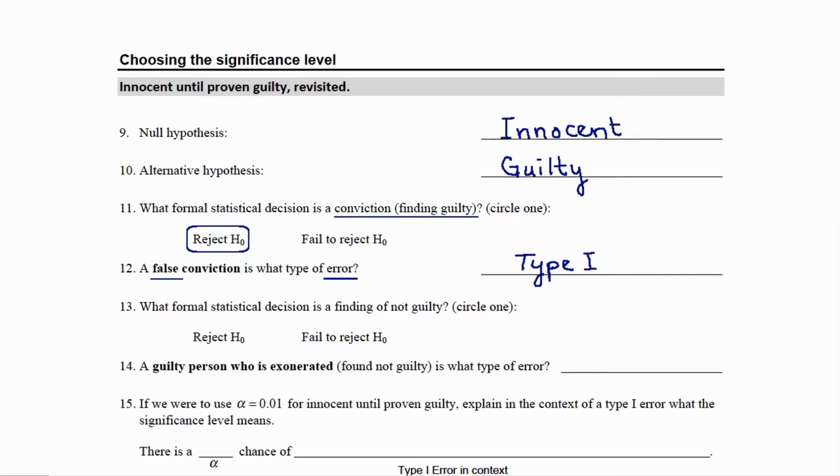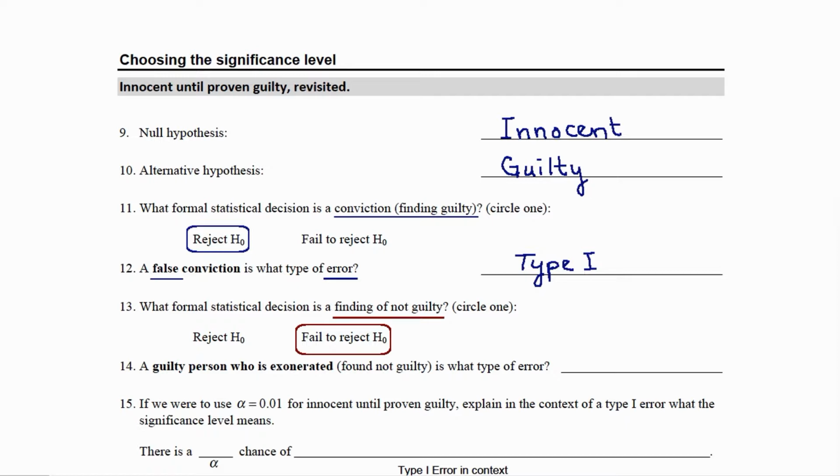All right. Now, a finding of not guilty, on the other hand, right? A conviction is rejecting the null hypothesis. So a finding of not guilty, that's the opposite. So that is failure to reject the null hypothesis. Now, a guilty person who is exonerated, who's found not guilty, that's our error, right?